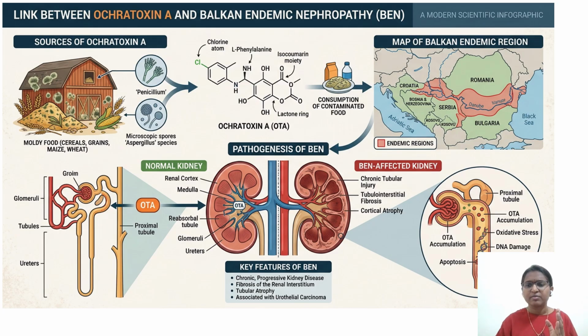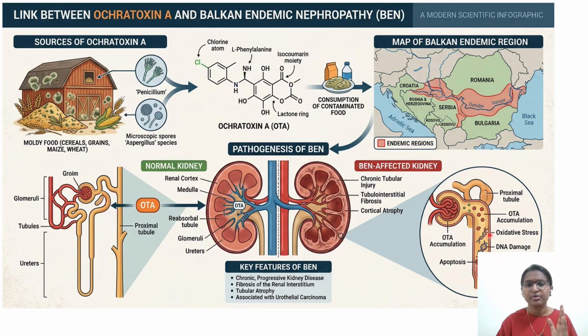Then this is something related to Balkan nephropathy. As I told you, this particular region, Croatia, Serbia, Bulgaria, Romania, is across the Danube River. People living in this region, and the cereals and grains growing in this region, were contaminated with Aspergillus. By consuming this contaminated cereals and grain, toxicity was observed in these individuals.